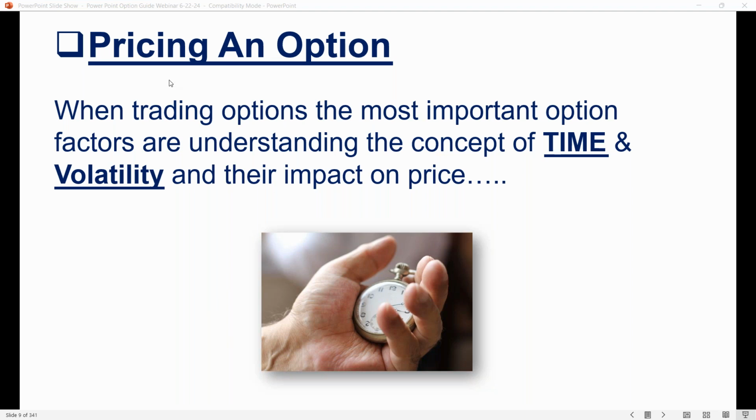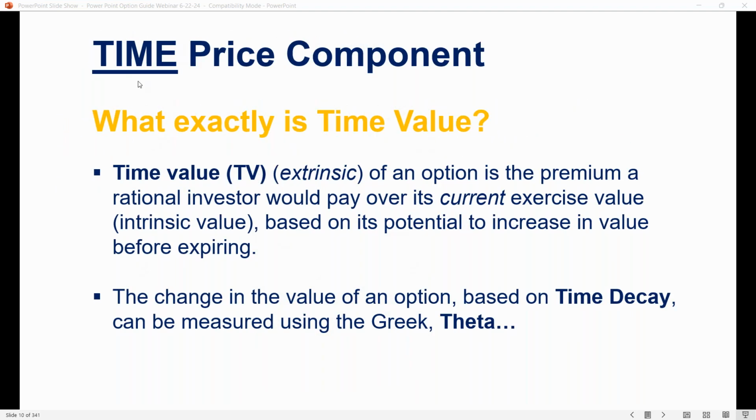When trading options, the most important factor comes down to understanding the concept of time and volatility and the impact these two things have on the price of your option. So the first component, which I call the time price component, is what we also refer to as extrinsic value. So that's the time value of your option.